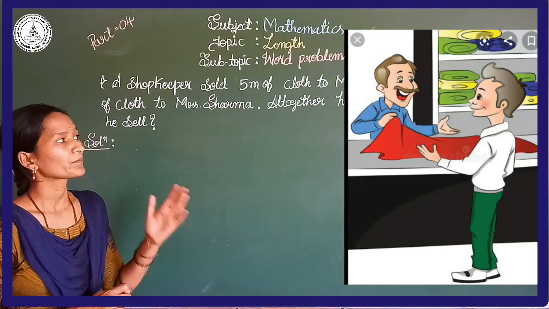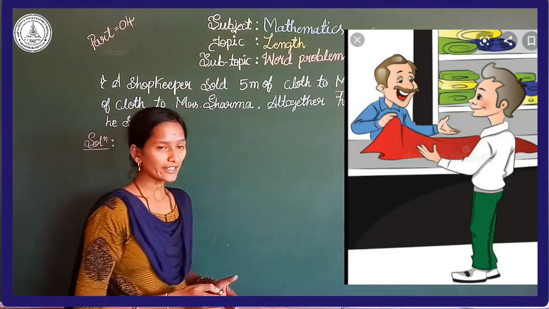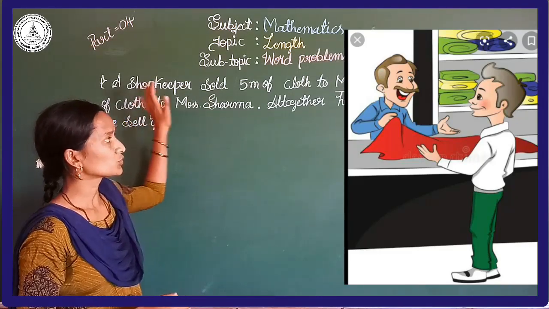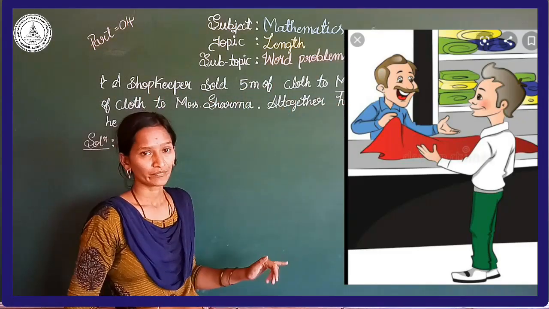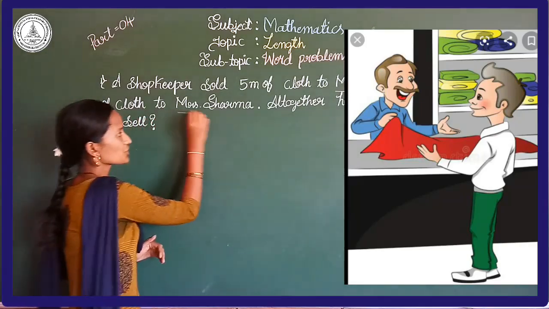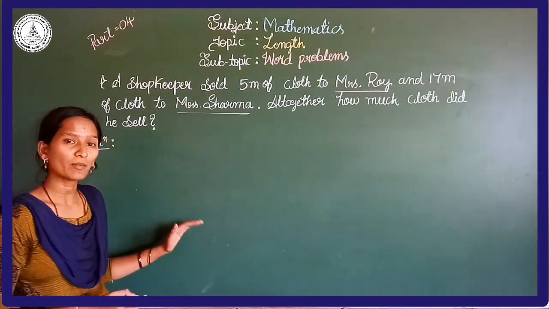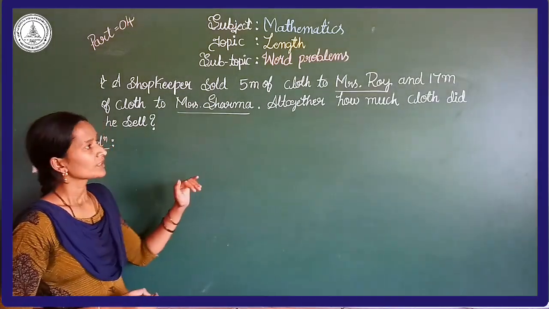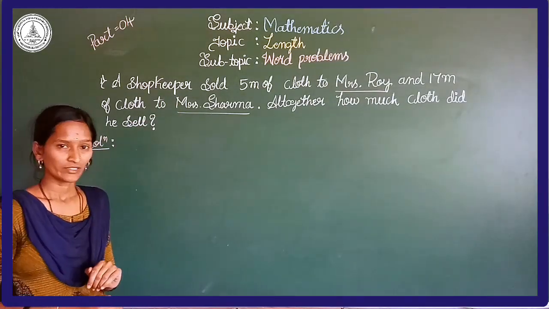So the first purchaser, its name is Mr. Roy, right? So this shopkeeper sold 5 meter of cloth to Mr. Roy, right? And the next person, that is Mr. Sharma, right? So the same shopkeeper, the Mr. Sharma, he purchased 17 meter of cloth from a shopkeeper, right?